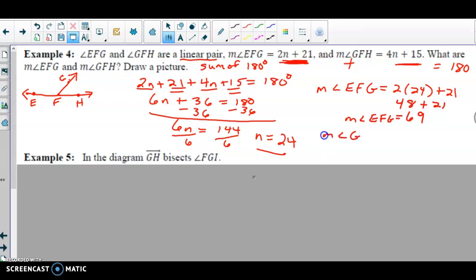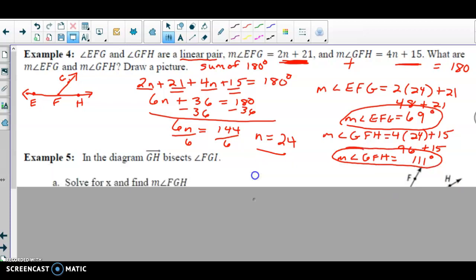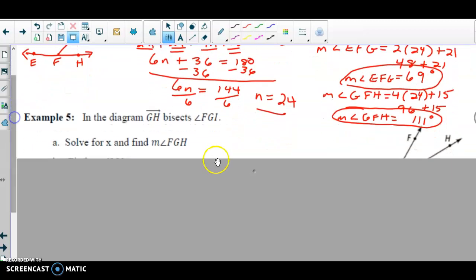For the measure of angle GFH, that would be 4 times 24 plus 15. 4 times 24, 96. 96 and 15 is 111 degrees. So there are your two answers. That one and measure of angle GFH is 111. And you can double check that. If you add those two amounts together, do you get 180? Yes, you do.